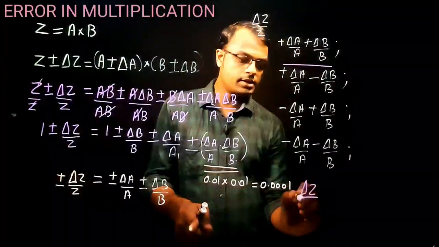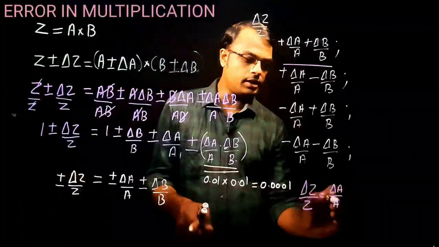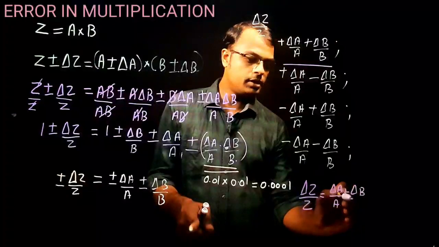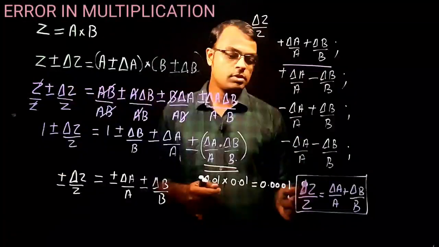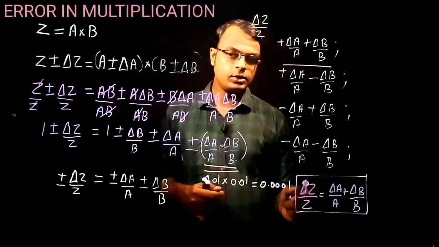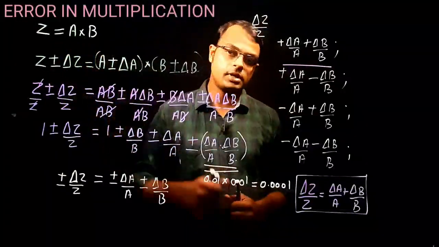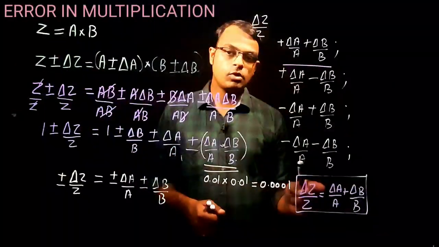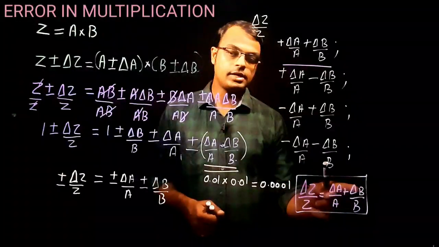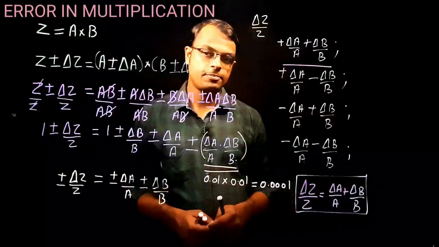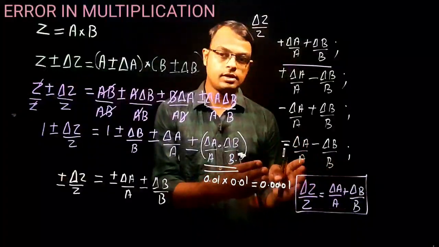Delta Z by Z is equal to delta A by A plus delta B by B. So the conclusion is that the maximum possible relative error in the final result, when you are doing the calculation as multiplication, is the sum of the relative error in the first measurement and the relative error in the second measurement. Okay, so the sum of the relative error in A and B will be the final result error.